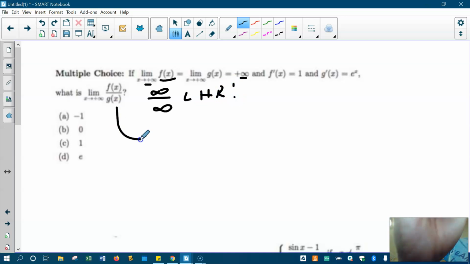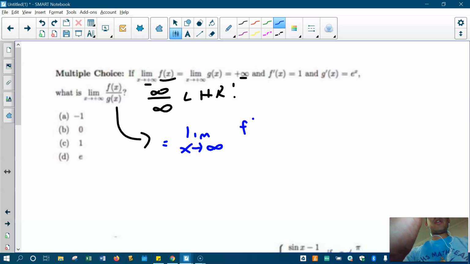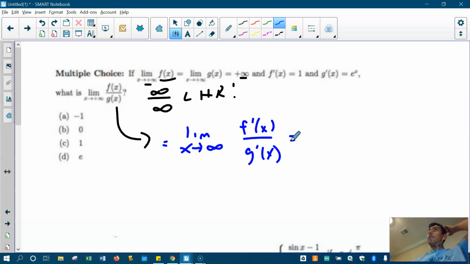So now, this limit is going to become equal to the limit as x approaches infinity of f prime of x over g prime of x. Again, infinity over infinity was one of the indeterminate forms that we could use L'Hopital's Rule. And the limit as x approaches infinity is going to be 1. So it looks like it's just going to be 1 for all values.